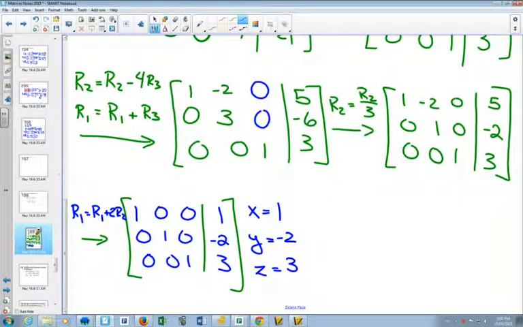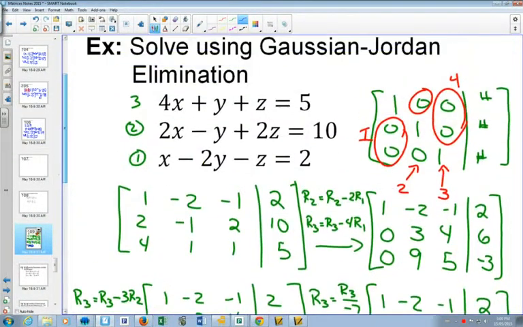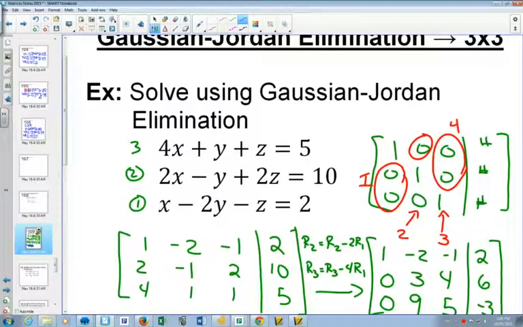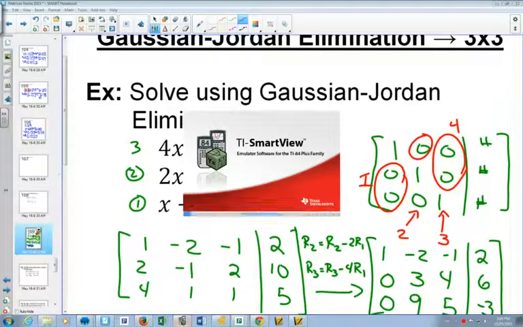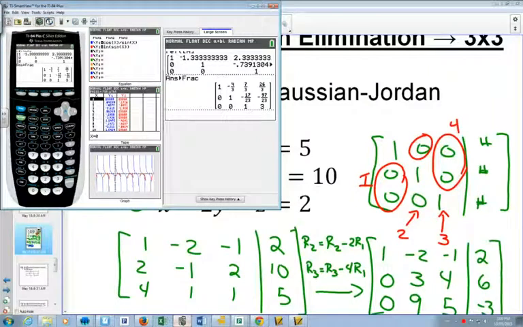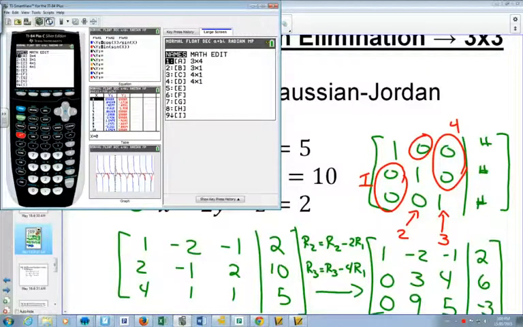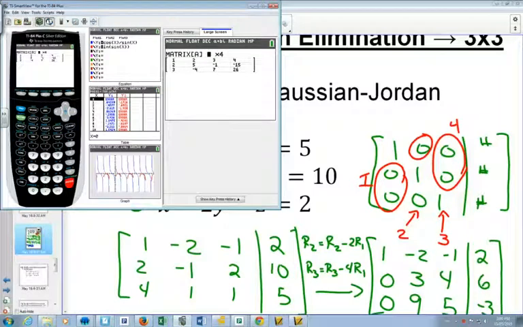Now if we take out our calculators, and we're going to type this same matrix that we started with into our calculator. Second matrix, over to edit, 3 by 4, and we had 1, negative 2, negative 1, 2, 2, negative 1, 2, 10, 4, 1, 1, 5.